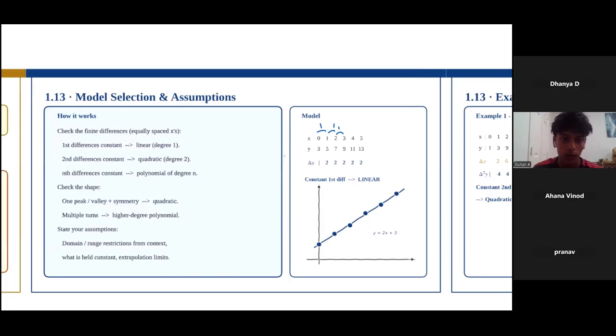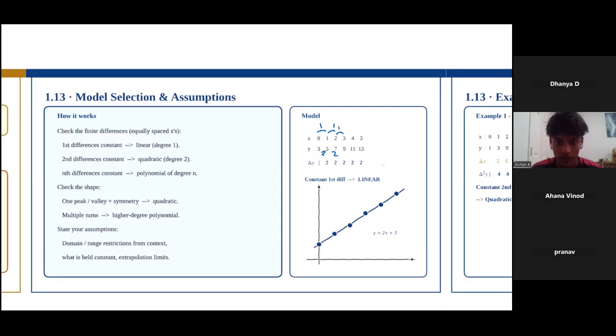How we find what degree polynomial it is is by looking at the differences. So the first difference between 5 and 3 is 2. It's increasing by 2, right? To do that, we just subtract the previous term from the term that comes after. So 5 minus 3, that's 2. 7 minus 5, that's 2. 9 minus 7, etc. It's all 2, right?